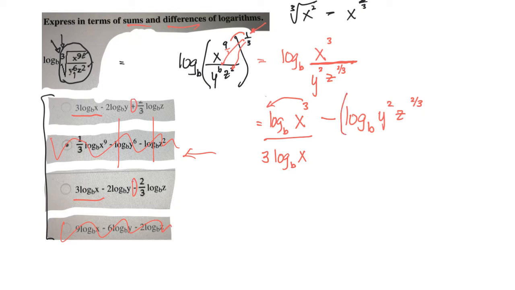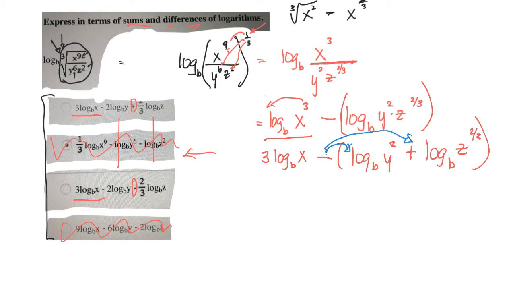Now this part right here, I have a product inside there, so I can use the sum rule. So it'd be minus log base b of y squared plus log base b of z to the 2/3. Okay, but this minus is in front of that bracket, so that's a dirty, rotten, filthy, stinking negative, so it needs to be applied to that and that one.